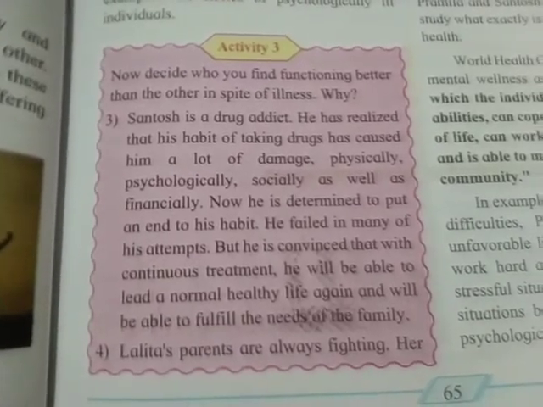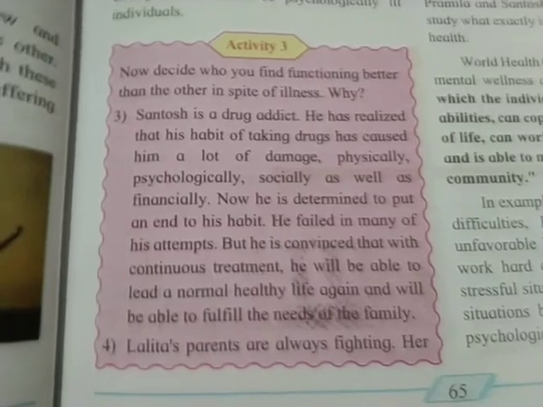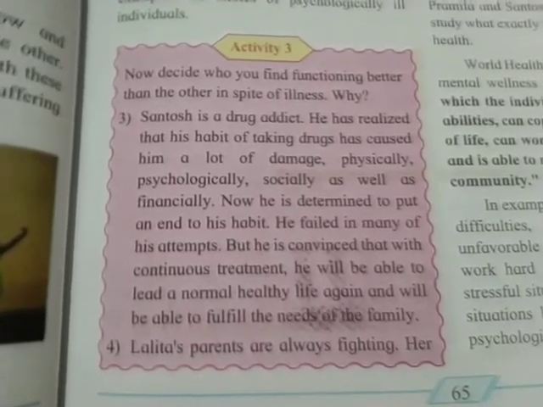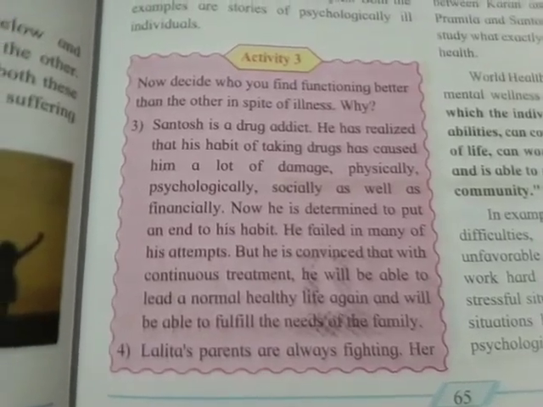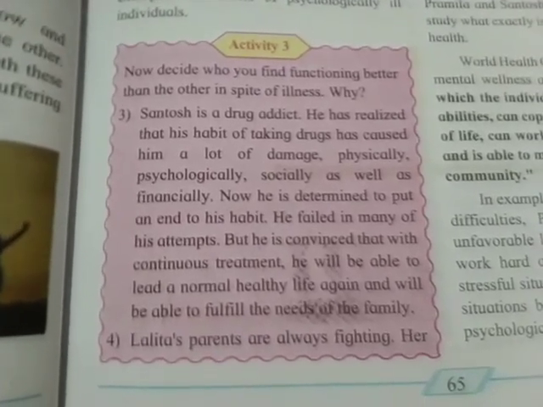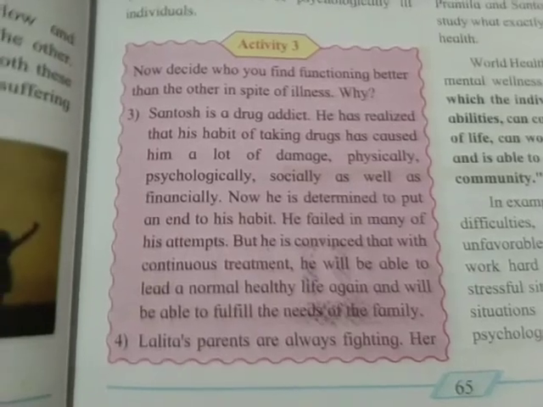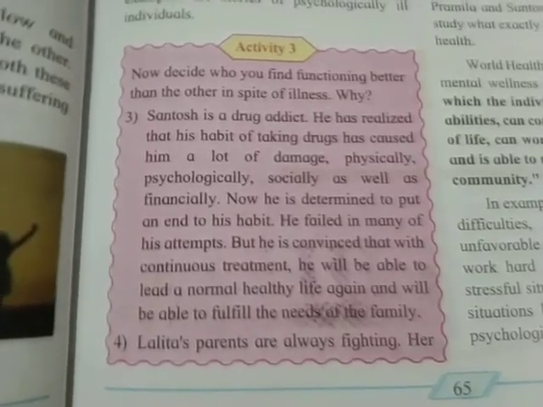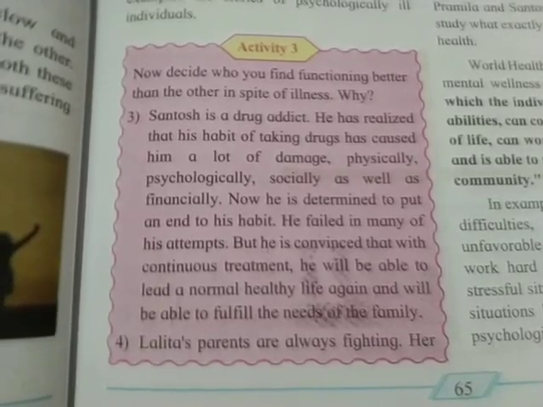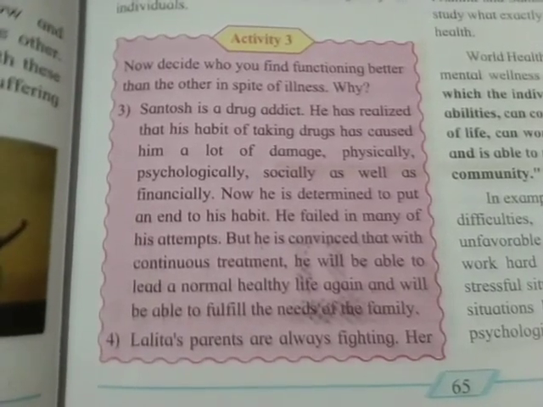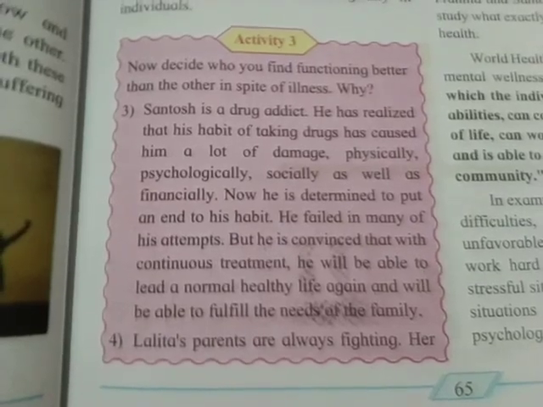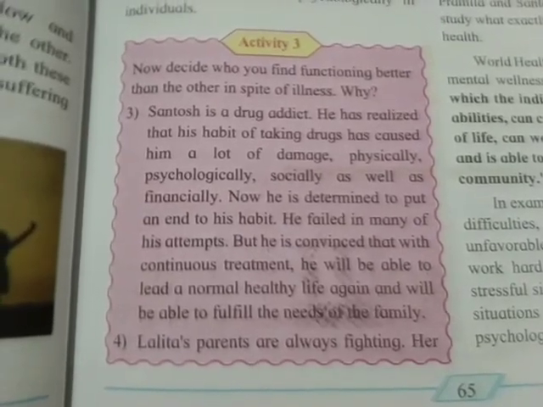He has realized that his habit of taking drugs has caused him a lot of damage physically, psychologically, socially, as well as financially. Now he is determined to put an end to his habit. He failed in many of his attempts, but he is convinced that with continuous treatment he will be able to lead a normal, healthy life again and will be able to fulfill the needs of the family.